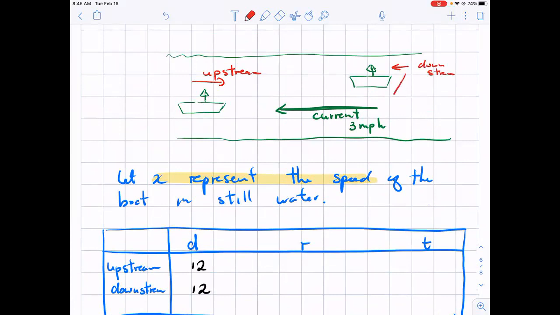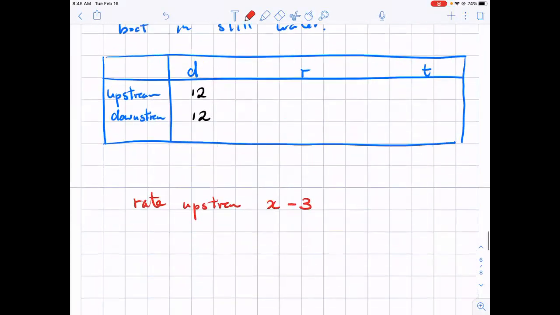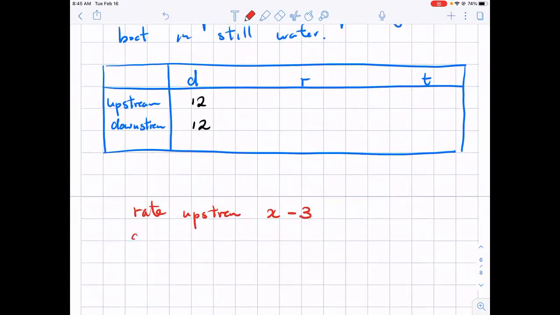Your boat will move faster downstream. So for upstream, we subtract, and for downstream, the rate downstream will be x plus 3. Okay, so we can fill that in our table, x minus 3 and x plus 3.